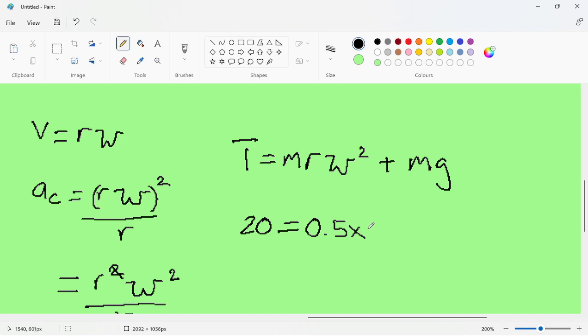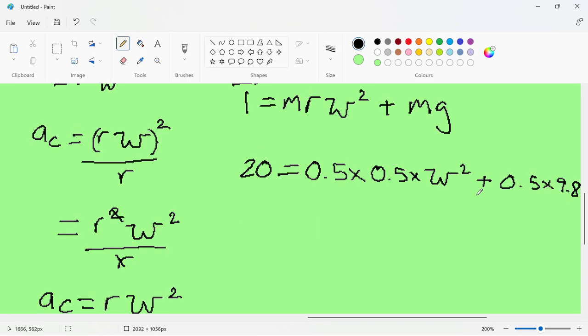R is 50 centimeters. The SI unit for distance is meters, and 50 centimeters is half a meter, so it's 0.5 meters, times omega squared, which we're trying to find. Then we have plus mg. The m we stated before was 0.5 kilograms, and g is 9.8 meters per second squared.